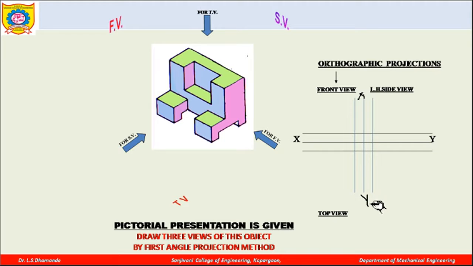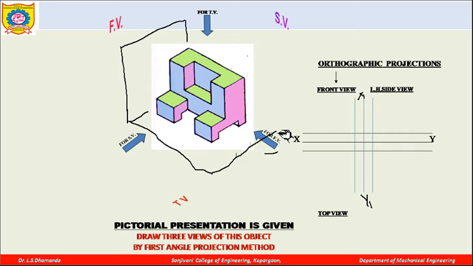Now we start drawing the projection of this object looking from the front. Suppose I have decided this direction for the front view of the object, then I will keep it in the first quadrant like this. This is the front plane or the vertical plane, and this will be the horizontal plane.